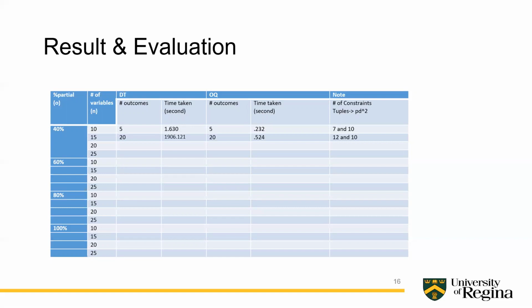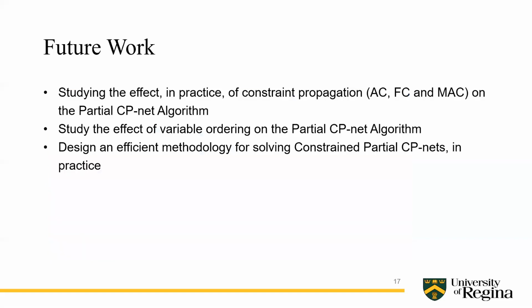We are still working with 20 and 25 variables to check how much time it takes, and our target is to lower the time. So our target will be to use consistency or forward checking to decrease the runtime, and study the effect of variable ordering on the partial CPNet.